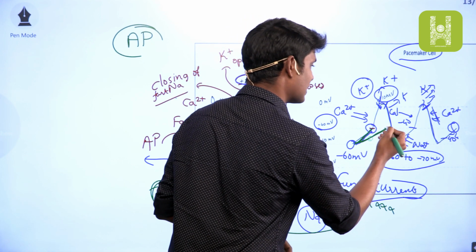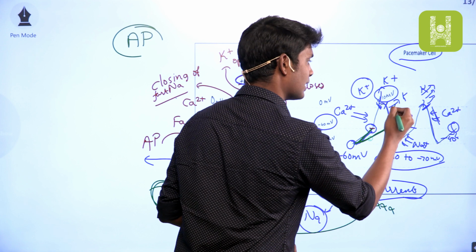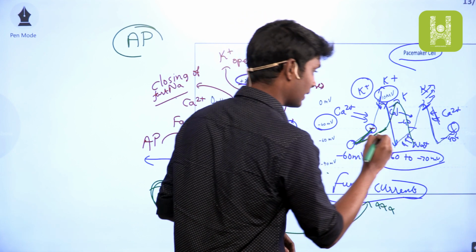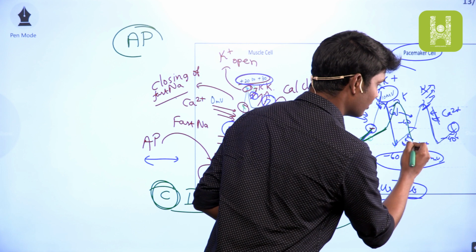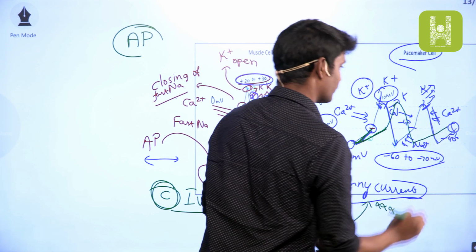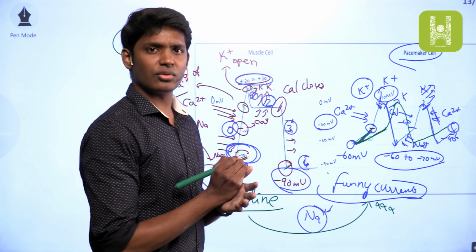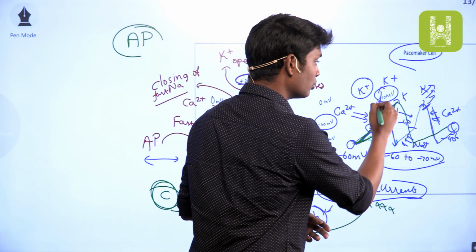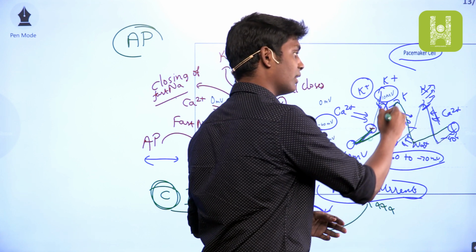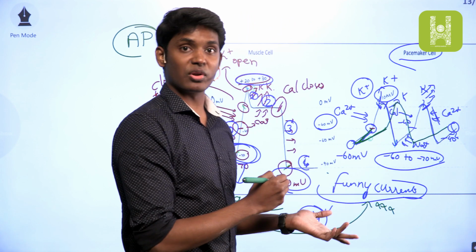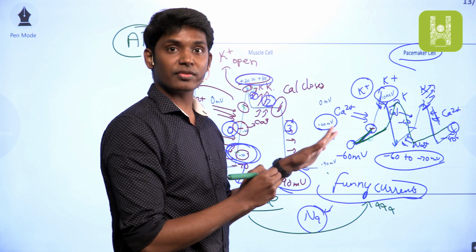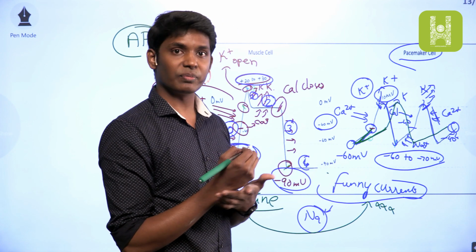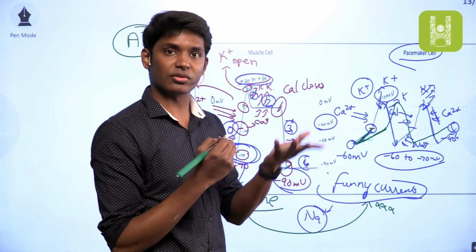And when it reaches minus 40, there will be an action potential generated, and it comes back to normal as usual, and again it doesn't rise fast, whereas it rises slowly. So what you can find from here is that in place of two action potentials, only one action potential will be produced, so that the automaticity of the cell decreases. When the automaticity decreases, the rate at which the cell fires also decreases.